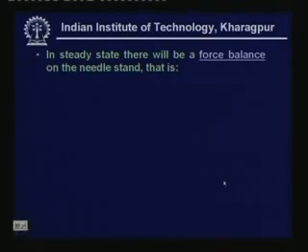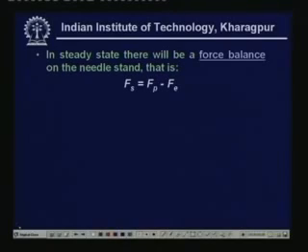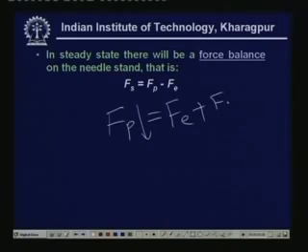Now in steady state there will be a force balance on the needle stand. That means Fs is equal to Fp minus Fe. This is because we have seen that the downward force is equal to Fp. That should be equal to the upward force. This is the force acting in the downward direction. This should be equal to the upward force. Upward force is Fe plus Fs.